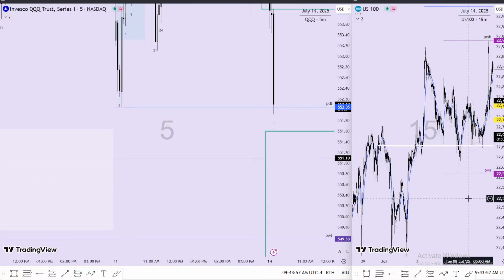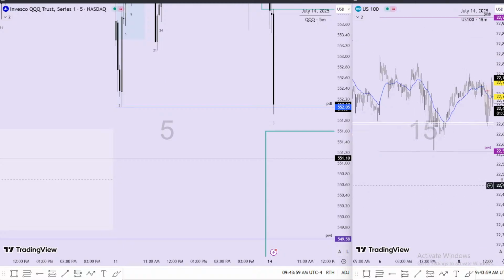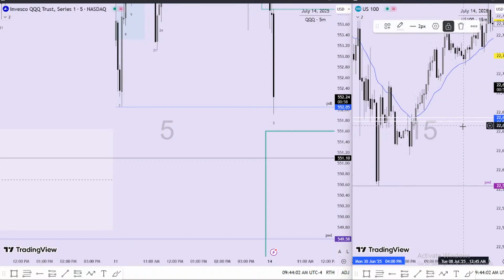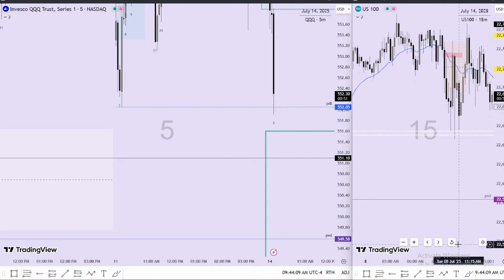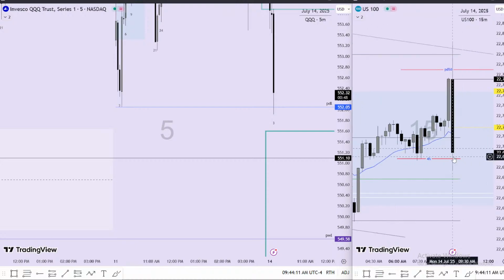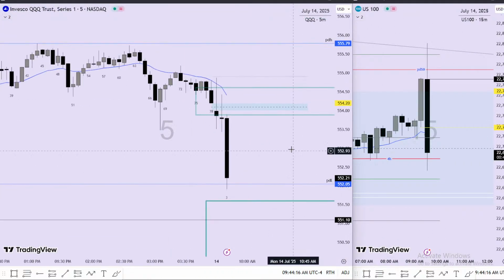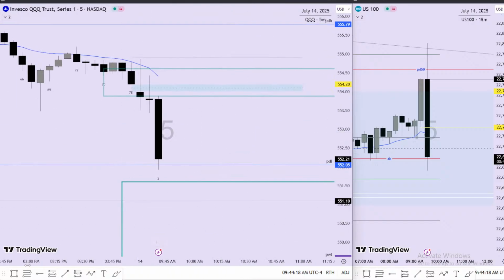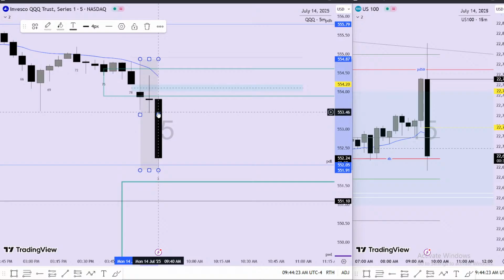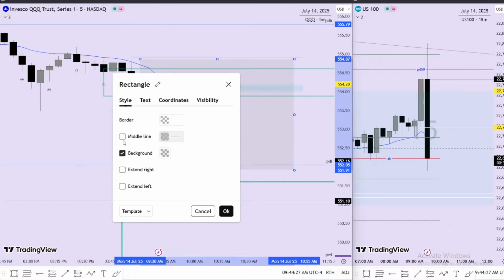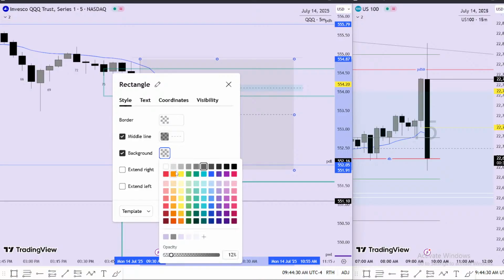Our target is still around this point, previous week's low. Finally, we have the opening range, or the initial range.